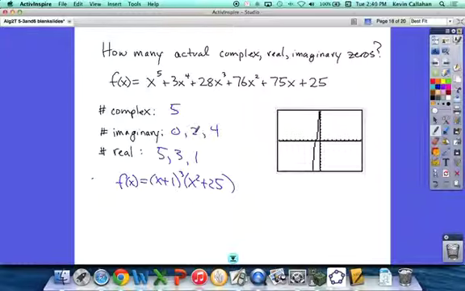If there's 2 imaginary, there's got to be 3 real because 3 plus 2 is 5. And if there's 4 imaginary, there's got to be 1 real because 1 plus 4 is 5. Does that explain it? In fact, this one was 3 real, 2 imaginary.